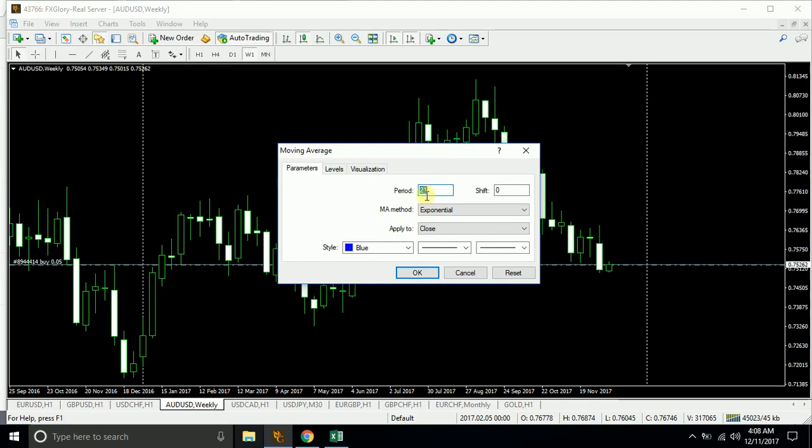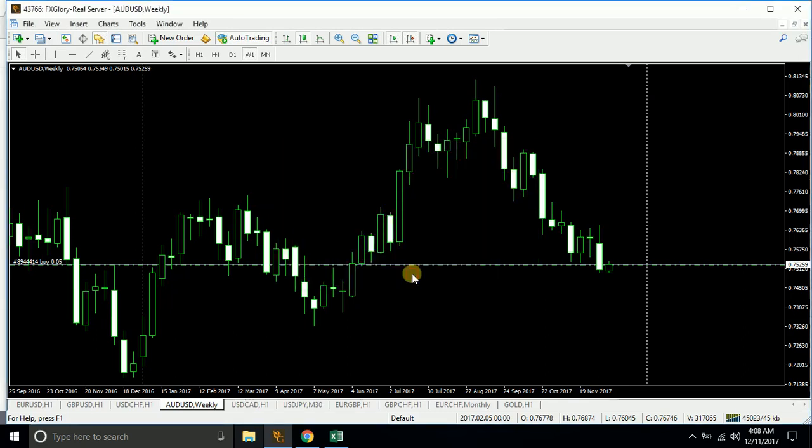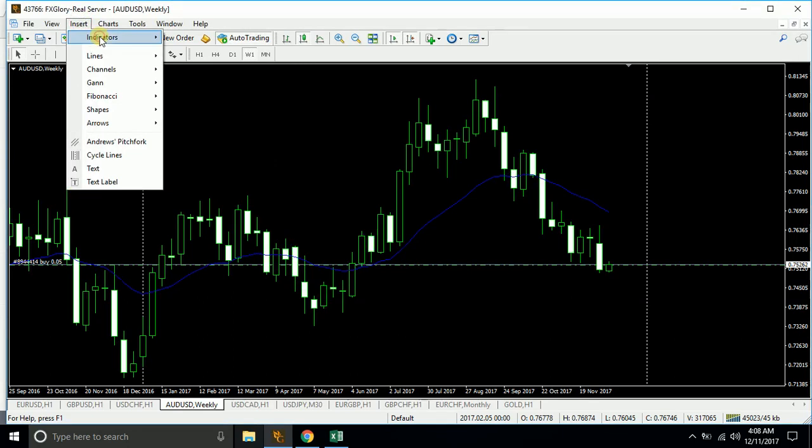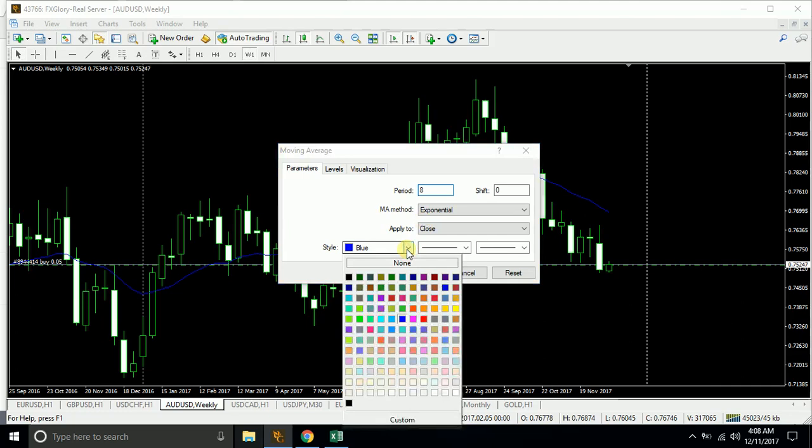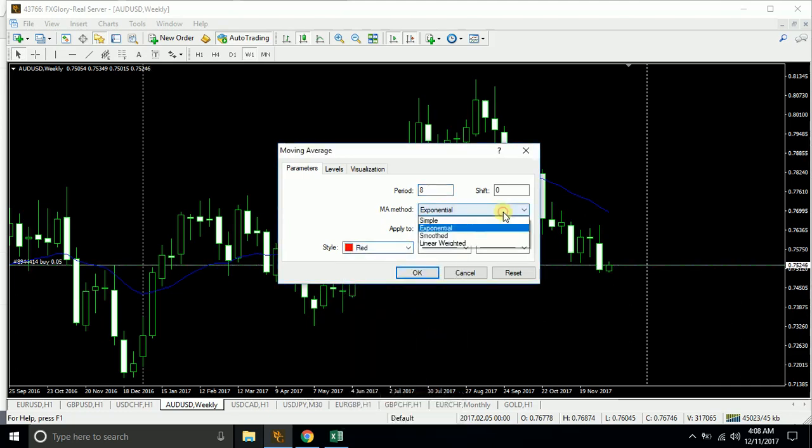Indicators, moving average, 21, exponential, blue. Insert, indicators, moving average, 8, simple, red.